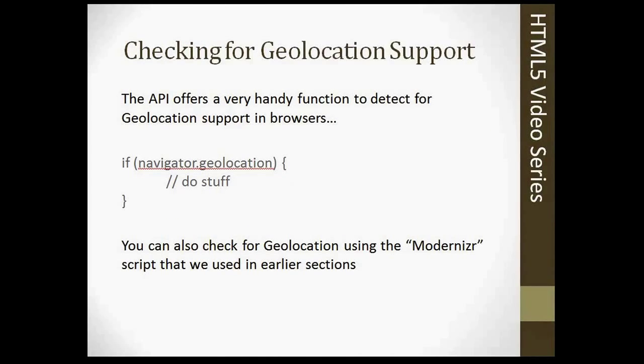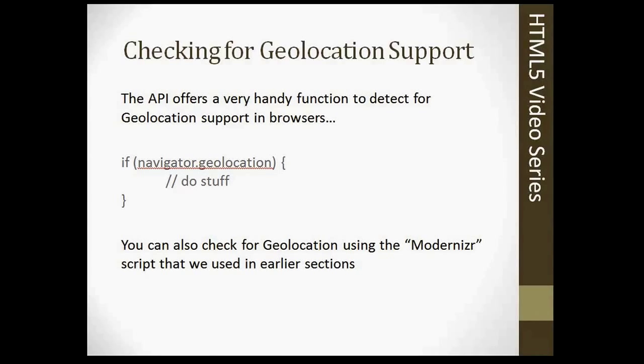Alright, so we want to check the browser to see if there's geolocation support. Like I said, all the latest versions of every browser at this time do support geolocation, but you should still add this in your code, just in case. Some people still use older computers and older browsers.